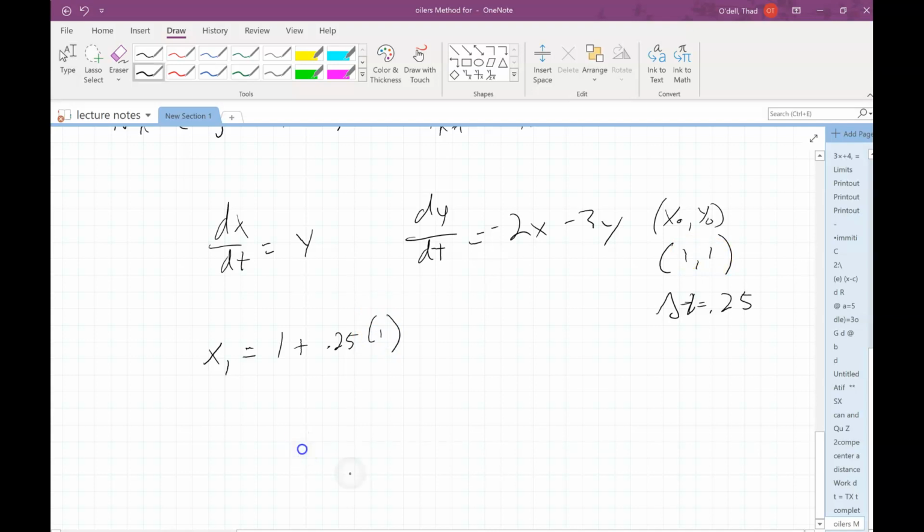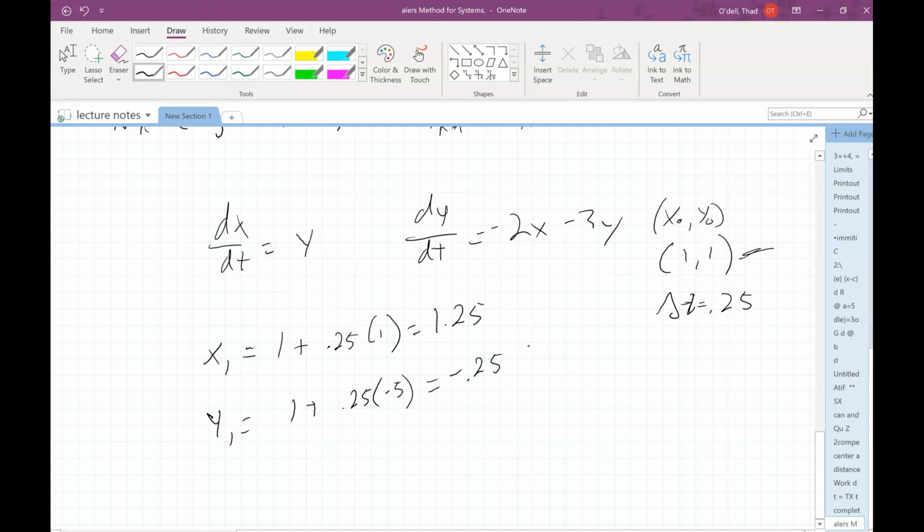And I get that x sub 1 is equal to 1.25. Do the same thing with y. Y sub 1 is going to be equal to 1 plus 0.25 times, and now I'm going to plug 1 in for x and 1 in for y, because that's my initial value. So that would be negative 2 minus 3, which would be negative 5. So negative 5 times 0.25 would be negative 1.25. So it'd just be 1 minus 1.25, which is negative 0.25.